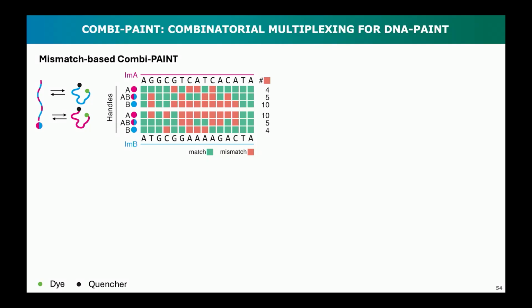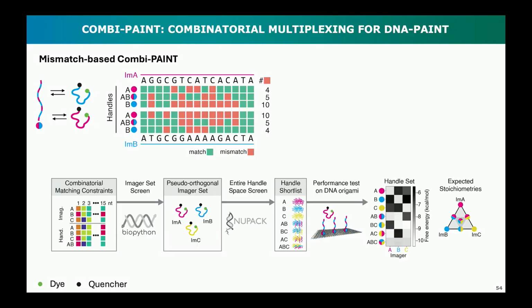So we decided to pursue this by using the fluorogenic strands that Jörg described, and because I love this idea of the mismatches, we thought, okay, can we redistribute these mismatches in a smart way, such that an imager and another imager that are pseudo-orthogonal, not fully orthogonal, have a good affinity for a pair and another good affinity for another pair, and in between one?